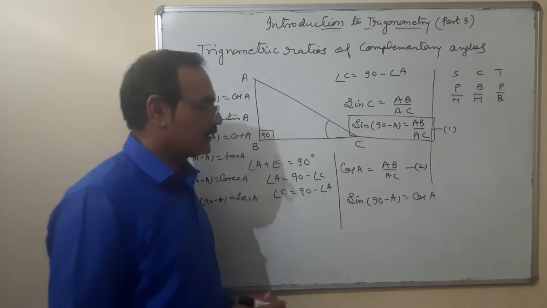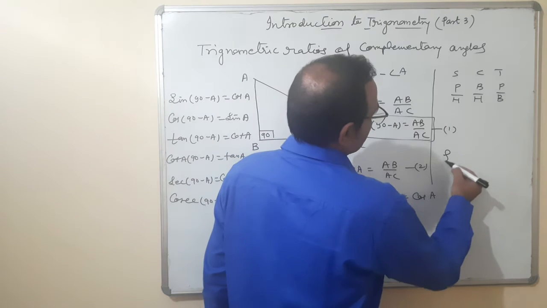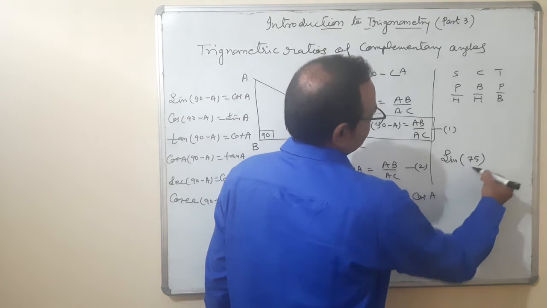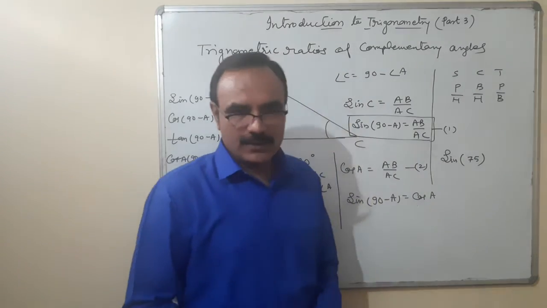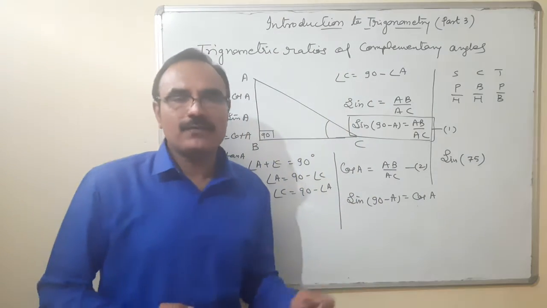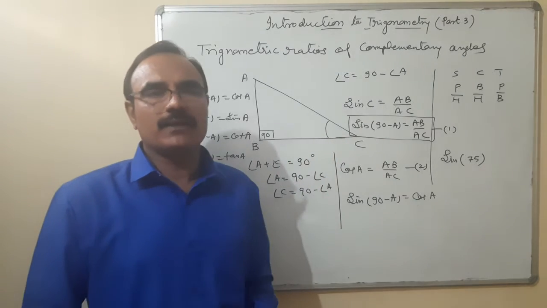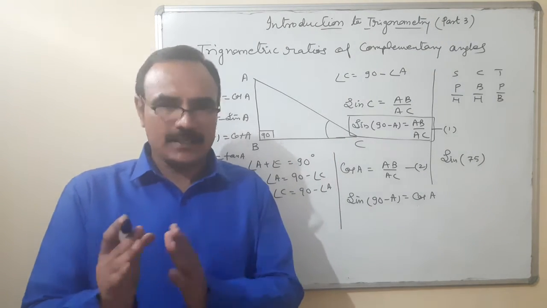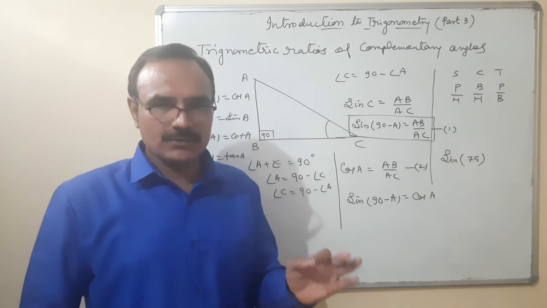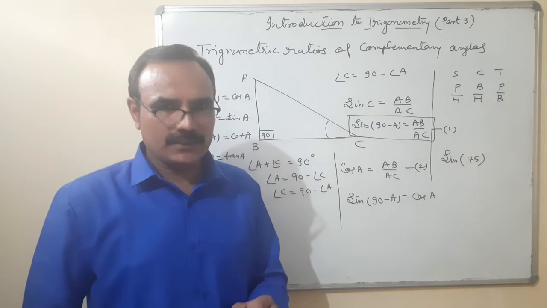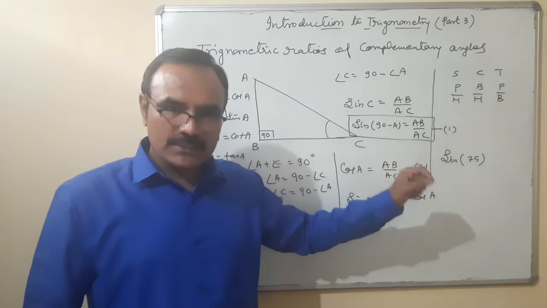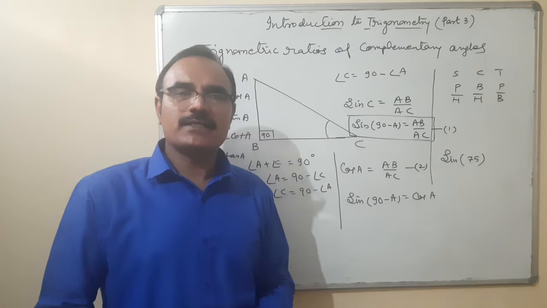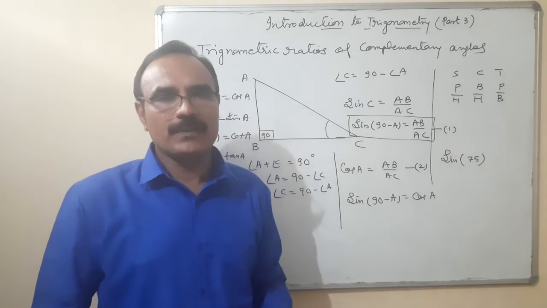Now I'll explain the meaning. Suppose I want to write sine 75. First of all, we have to see that 75 is not in the proper trigonometric table, because in the trigonometric table the values are 0, 30, 45, 60 and 90. So if any angle other than these comes with the trigonometric ratios, we understand that here we are using complementary angles.